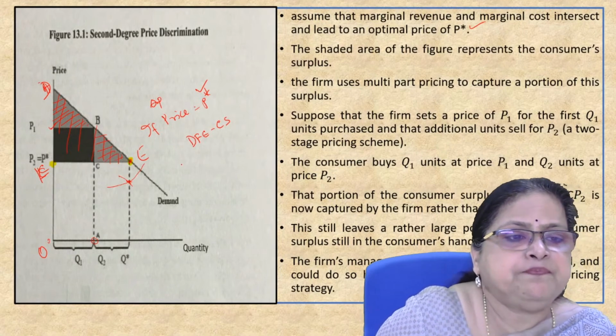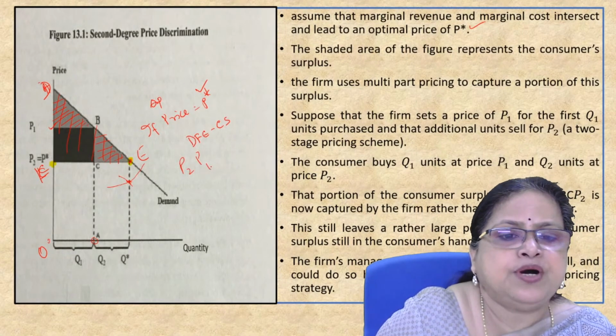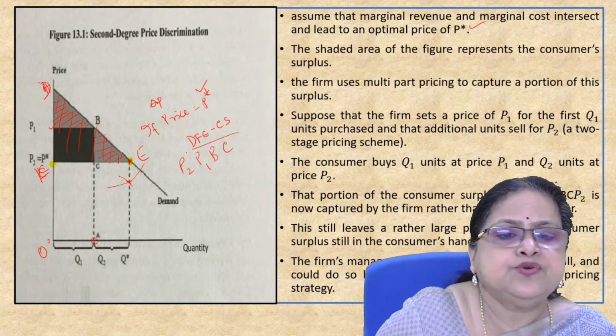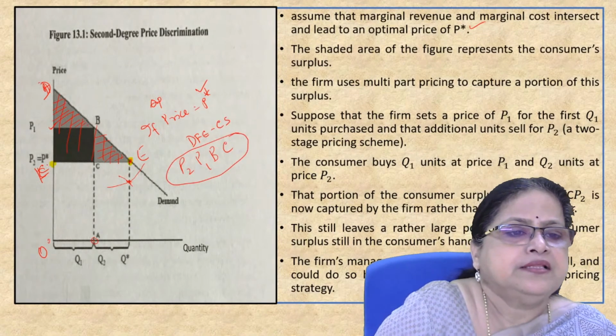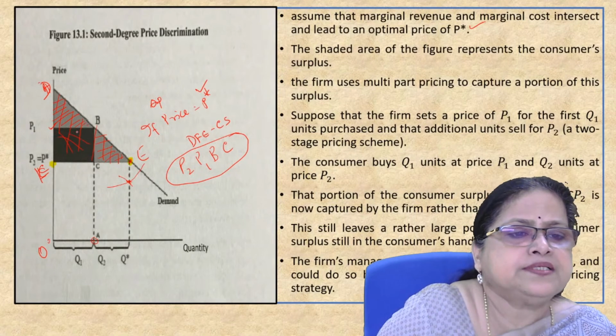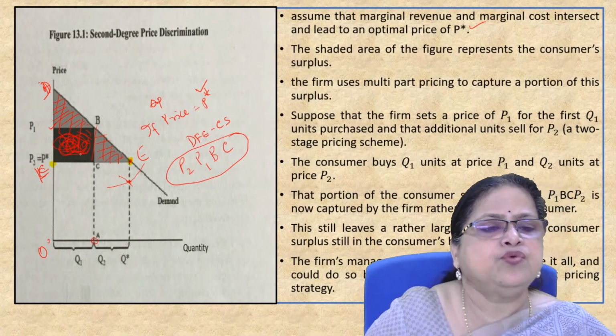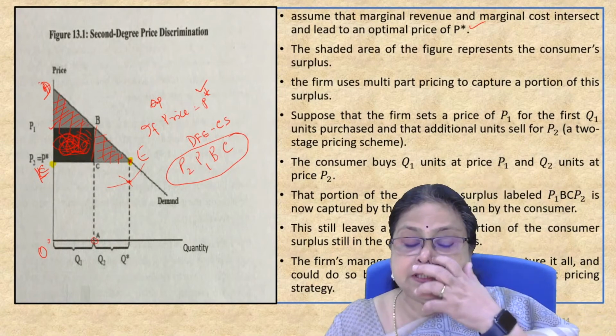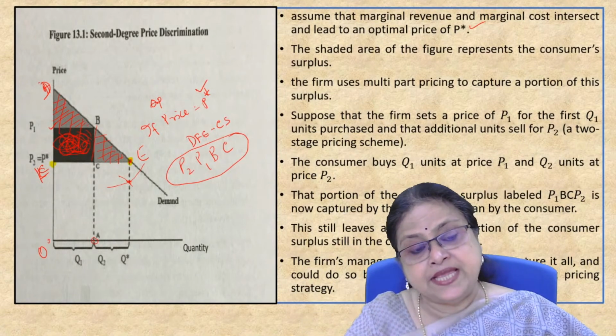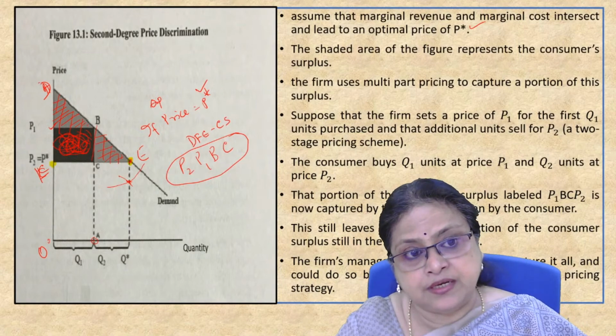Now this part, P2, P1, BC, is going to the seller. This part of consumer surplus is going to the seller. That means the consumer is paying more price to the seller.